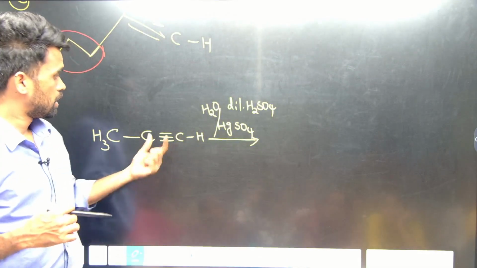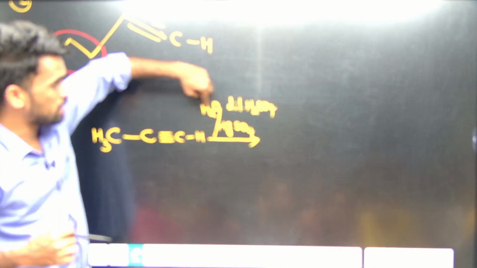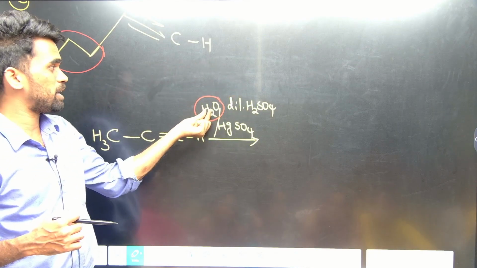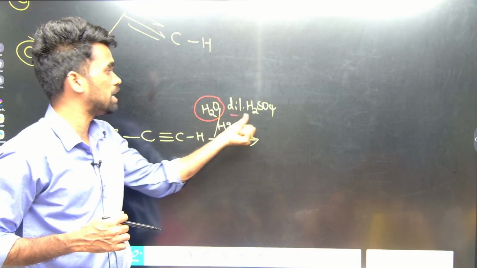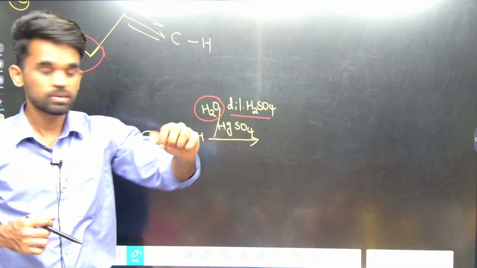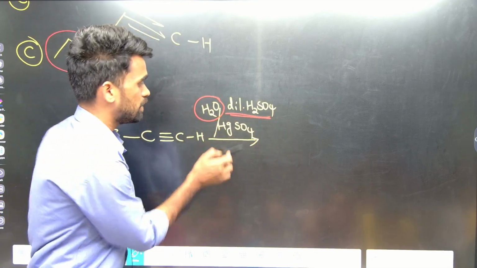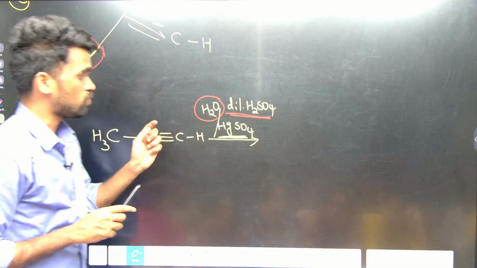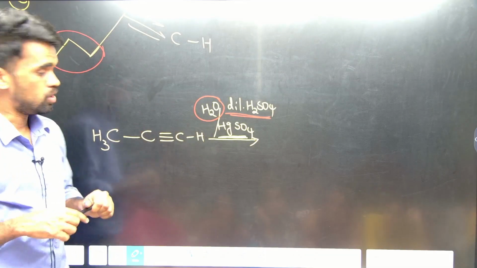Look here. Alkynes, with what have they provided? Water. Sometimes they won't mention water, they will mention dilute sulfuric acid. Dilute means water is added, no? Dilute sulfuric acid with HgSO4, mercuric sulfate. So what will be the product they will ask?